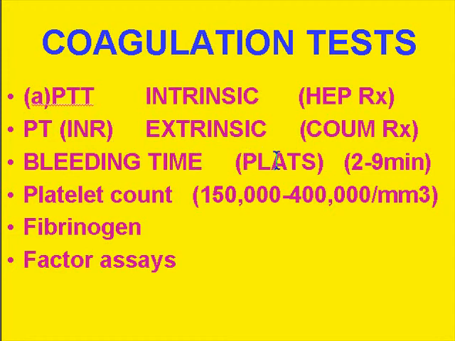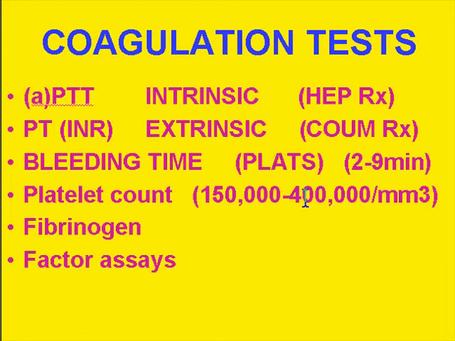Another really good general and often screening test for coagulation, which everybody gets anyway in the hospital, is just to remember the platelets. The platelet count is normally about 150 to 400,000. It varies. And a bleeding time, which is normally from 2 to 9 minutes, is a test of platelet number and function.